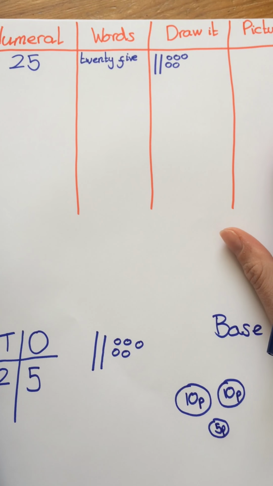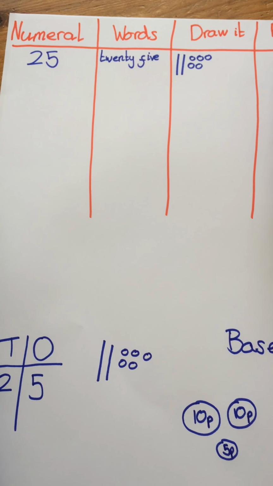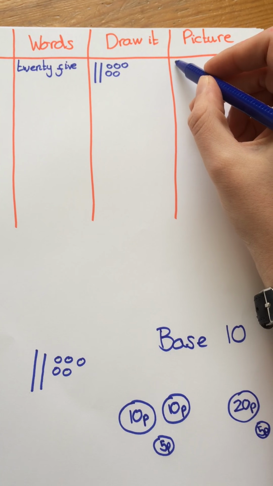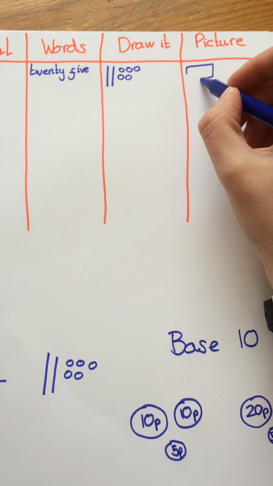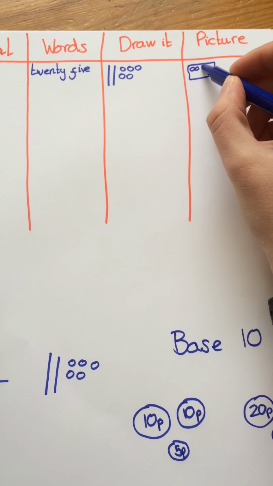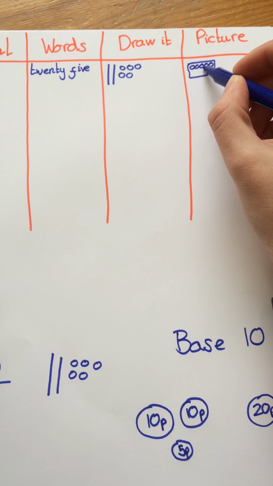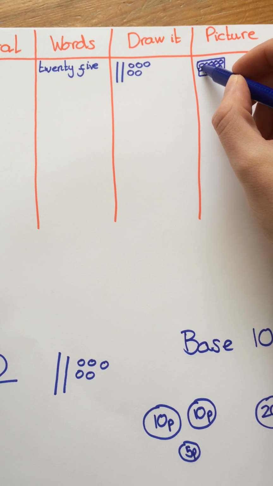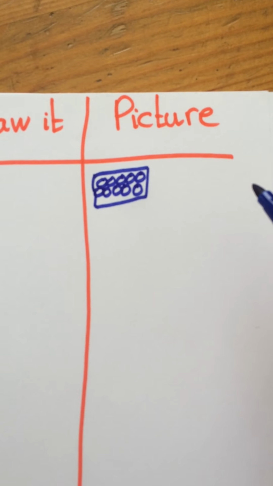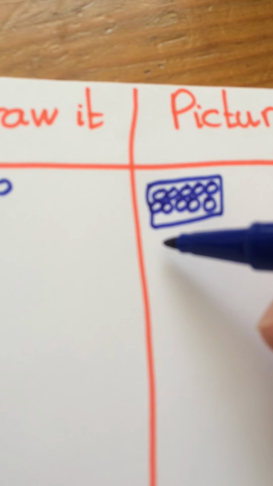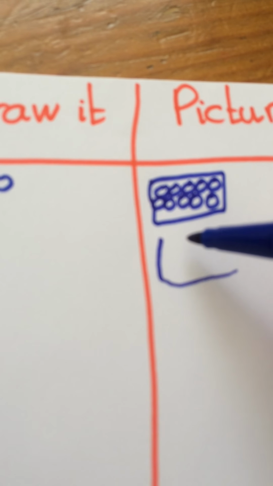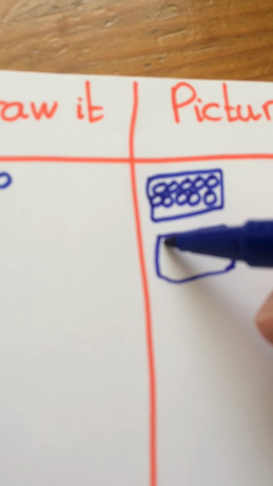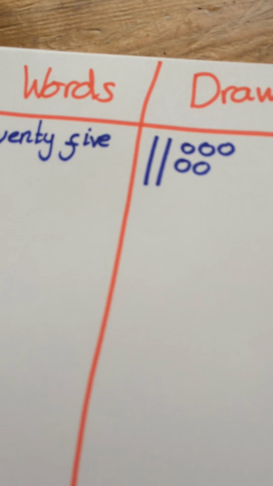You could try and draw some Numicon. So we could draw ourselves, I'm drawing a 10-piece Numicon. It's not very good, it's a little bit wonky. And another 10 Numicon. And we know how many tens there's going to be in there, because we found out earlier.